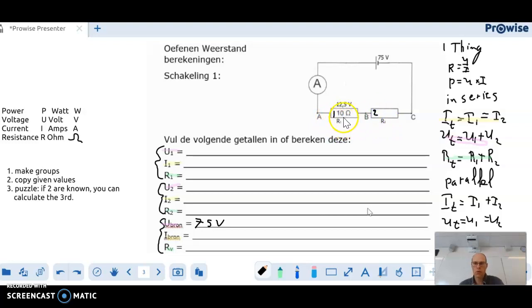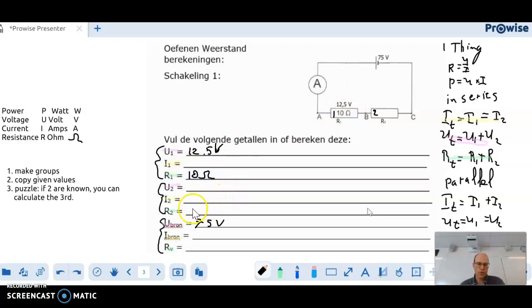With R1, over here we can see 12.5 V. V is voltage, so a U, and it's next to 1, so U1 is 12.5 volts. And we have 10 ohms. Omega is ohms, belongs to resistance, is R, and is also next to 1, so R1 is 10 ohms.